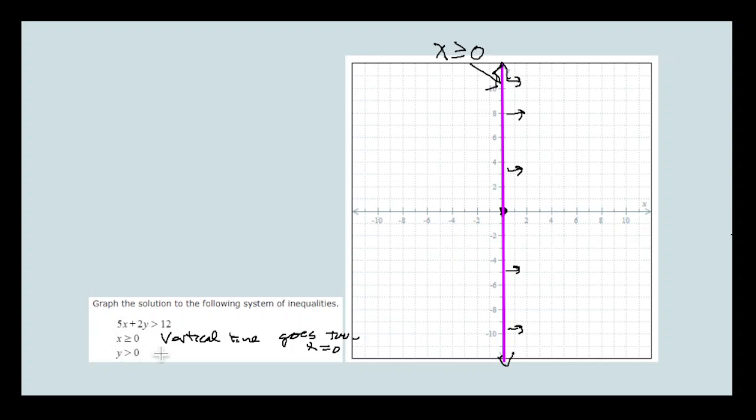And now for y is greater than 0, that is going to be a horizontal line, right? And that goes through y is equal to 0. So that's y is equal to 0 right here as well. So we're going to share the same point that we just used. We're going to make it a dashed line because there is no "or equal to" on that, right?